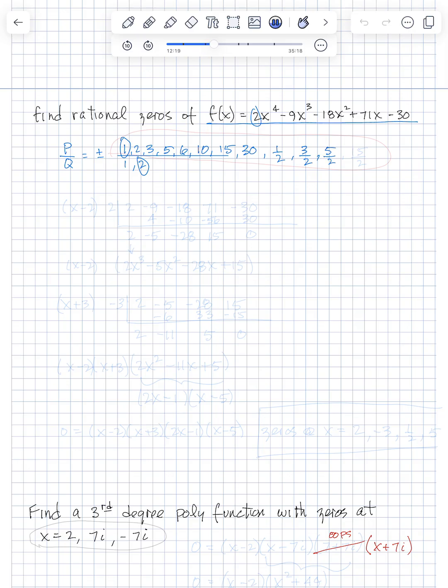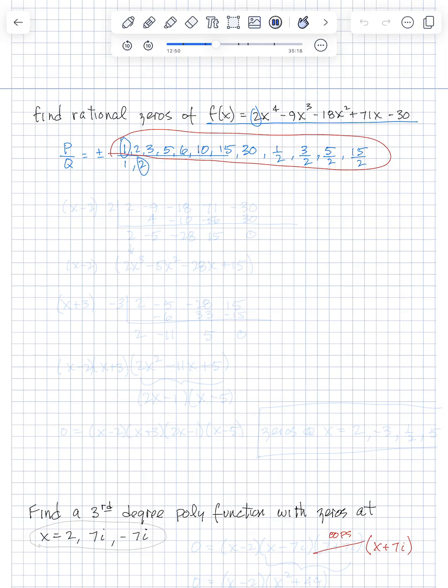Then 6 over 2, well, that's 3, that's already included. 10 over 2 is 5, that's already included. 15 over 2. And then 30 over 2, which is 15, already included. All of these are plus and minus. Let me circle these in red. These are potential zeros, and they are plus and minus.